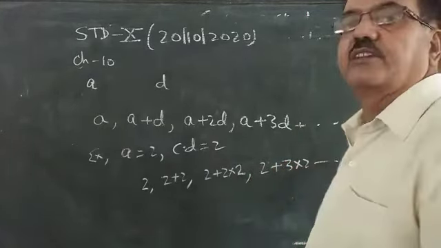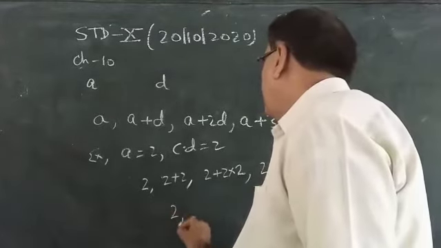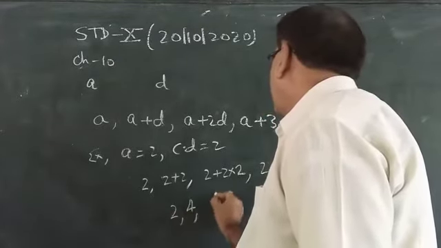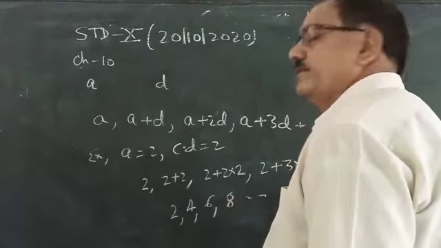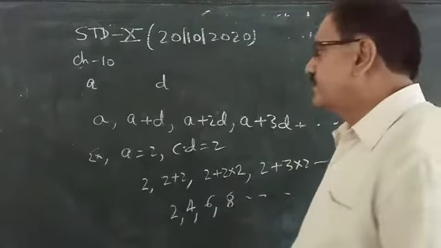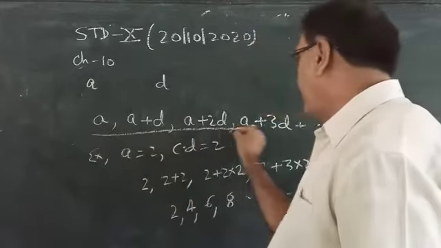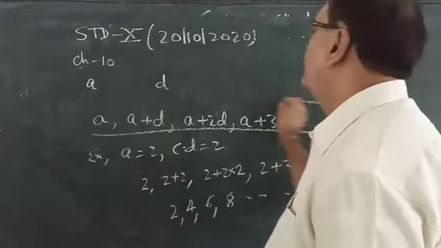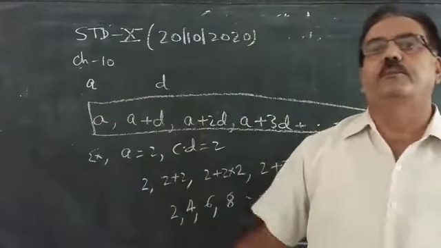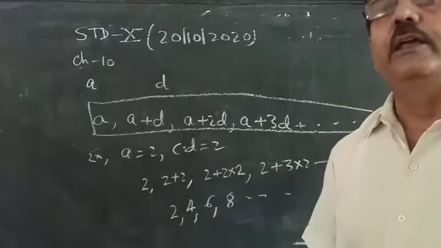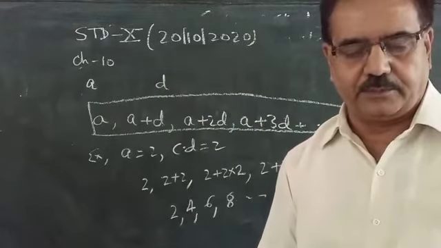See whether it is coming the same value or not. So 2, 4, 6, 8, is it coming? So this is the general way to find the AP series when you have the first term and common difference. This is the way to find the AP series. That was the first type.